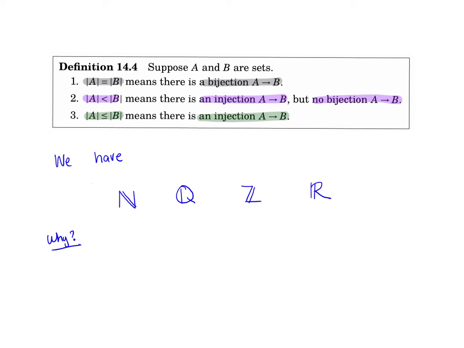So let's think about the cardinalities we know so far. The cardinality of N is the same as the cardinality of Q, which is the same as the cardinality of Z. And I know that there is no bijection between N and R. And we can pretty easily find an injection, right?